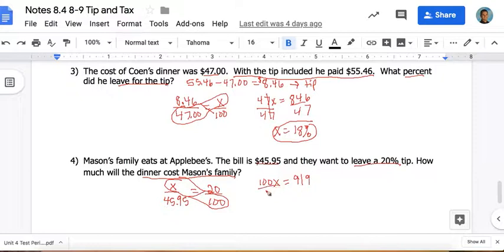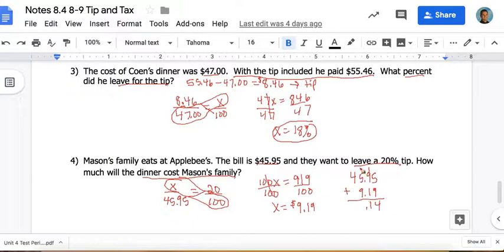And the opposite of multiplication is division, so we're going to divide both sides by 100. 100 divided by 100 is a 1 in disguise, and we get $9.19. But remember, this is just the tip, so now I need to take the cost of the meal plus the tip, and this is going to give me the cost of the dinner, or the total. 5 plus 9 is 14, carry the 1. 1 plus 9 is 10, plus 1 is 11.